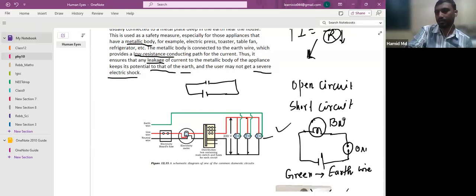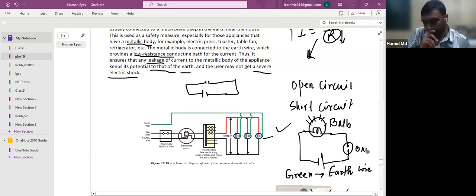Now I'm connecting these two terminals over here, and current is flowing like this. So what will happen? This is the short circuit, right? What will happen?